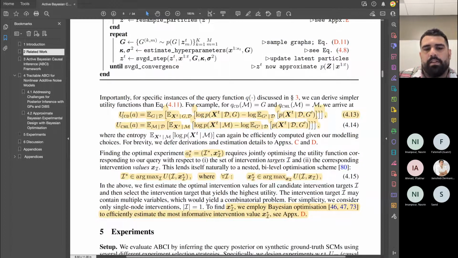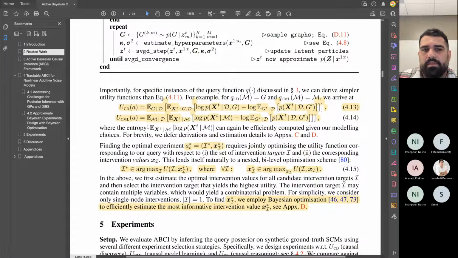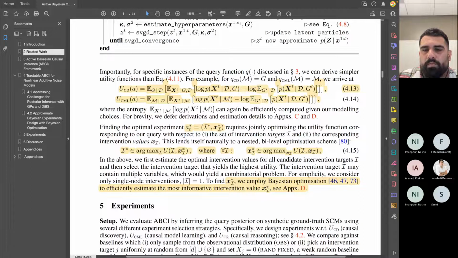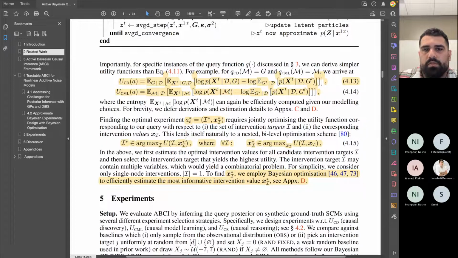They also have UCD, which is the utility function for causal discovery, and they show the equation for it as well. UCML is another utility function for the query that they want to perform based on the objective they want to have.